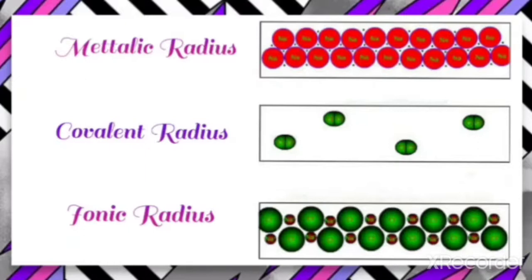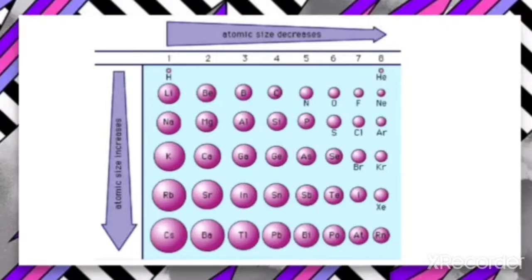Atomic radius can be measured by X-ray or other spectroscopic methods. Atomic radii of a few elements are listed in Table 3.6 in your textbook. You can go through those values.